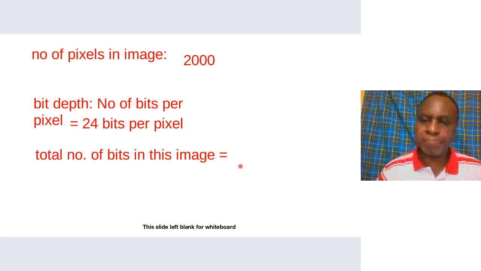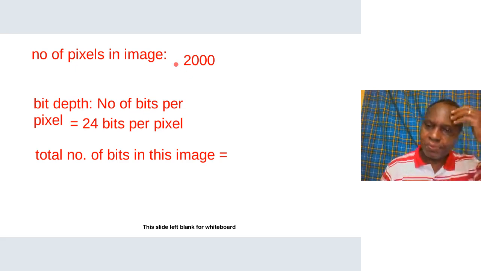All right. If that's the case, then for the size of our image, first you calculate the number of bits. What is the total number of bits in this image? Of course, it's a direct multiplication problem: 2,000 times 24. We have 2,000 pixels making our image, and each pixel has a coding of 24 bits.